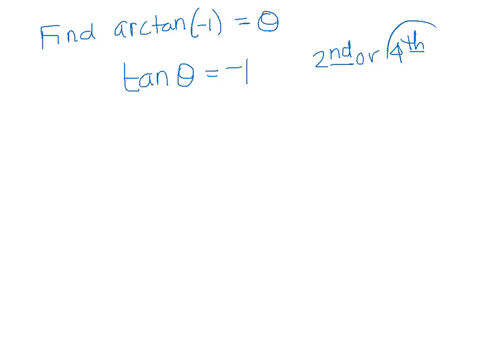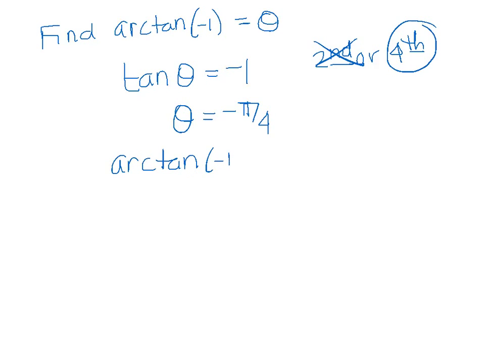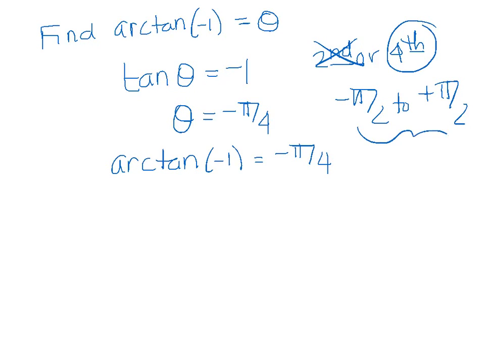Of course, it's the fourth quadrant, so we'll throw the other one away. So we're talking about theta could equal minus pi over 4. Okay? So I'm going to say arc tan of -1 is equal to minus pi over 4. Because remember, I restricted my domain from minus pi over 2 to plus pi over 2. So my answer had to be in that range, okay?